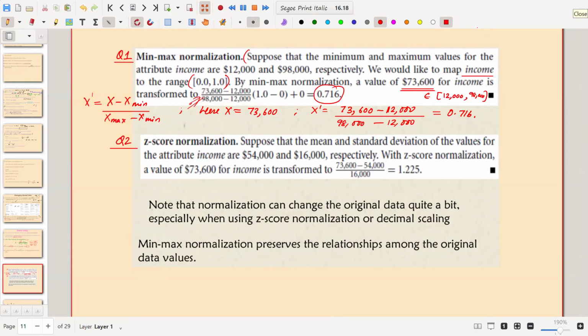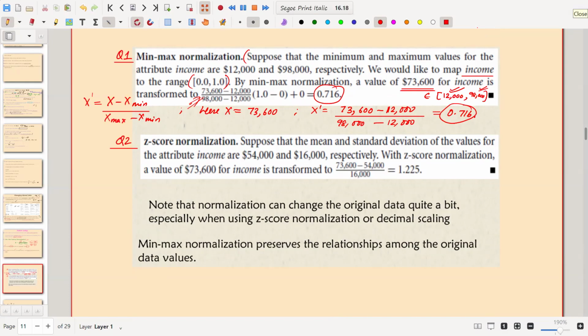Minimum will map to 0, maximum will map to 1. So 73,600 lies in between these two values, and therefore it should lie proportionally between 0 and 1. So you got the answer 0.716, and hence you can think that it is correct.